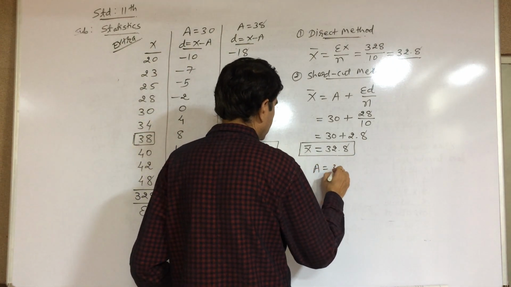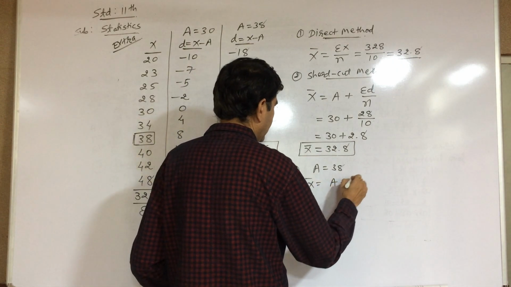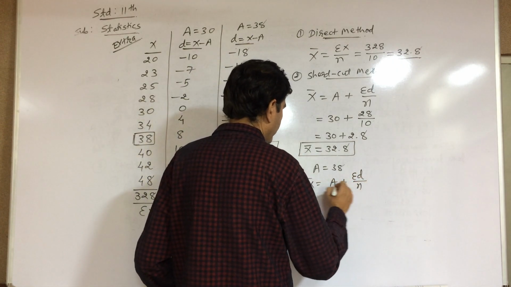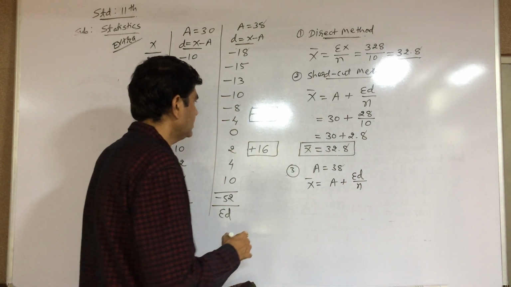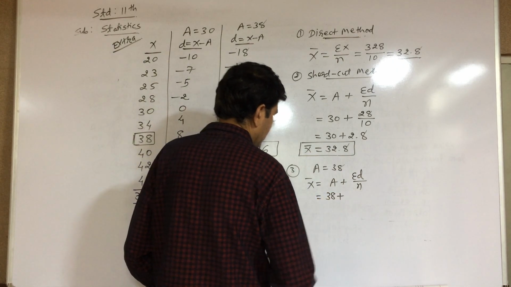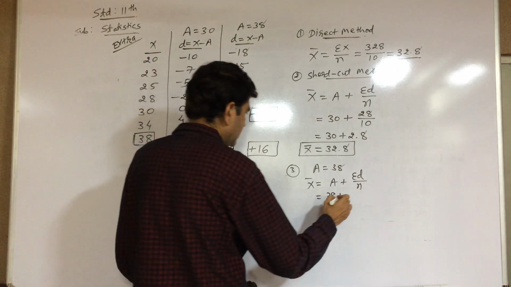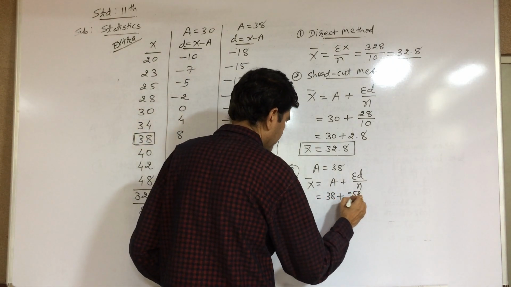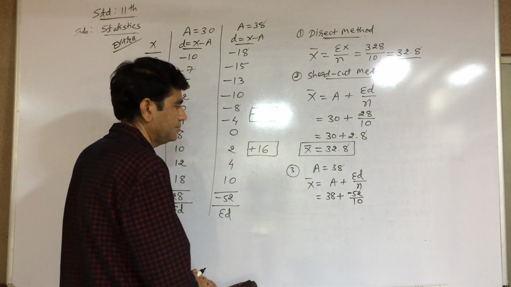Now assumed number is 38 and our formula is A plus sigma D upon N. So value of A is 38 plus value of sigma D minus 52, remember that, and value of N is 10.